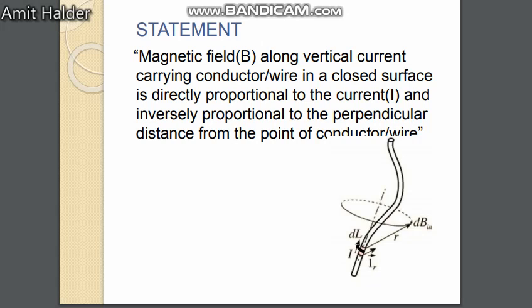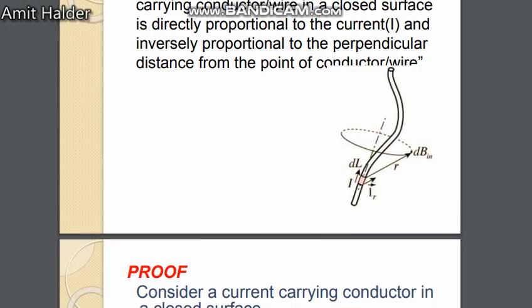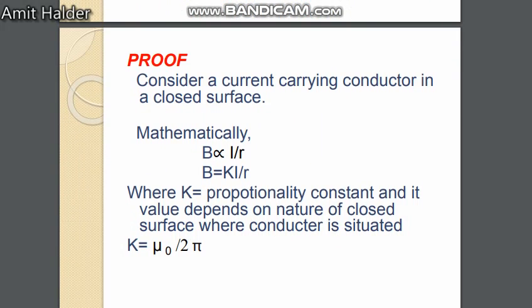Okay, now the proof. Consider a current carrying conductor in a closed surface. Mathematically you can write the Biot-Savart law: the magnetic field is proportional to I and inversely proportional to R, that is, I divided by R. Make it equal by taking a proportionality constant K, whose value depends on the nature of the closed surface where the conductor is situated.